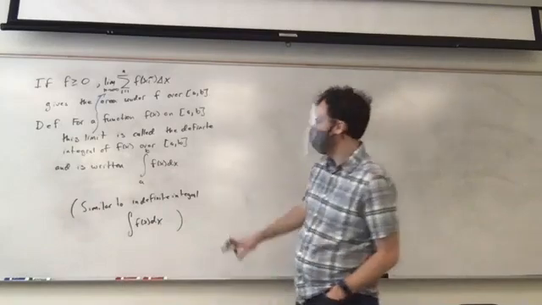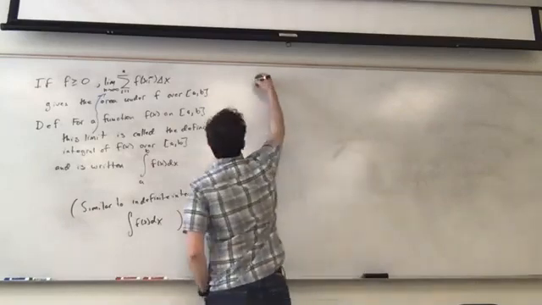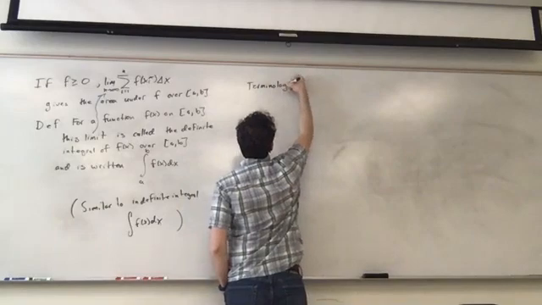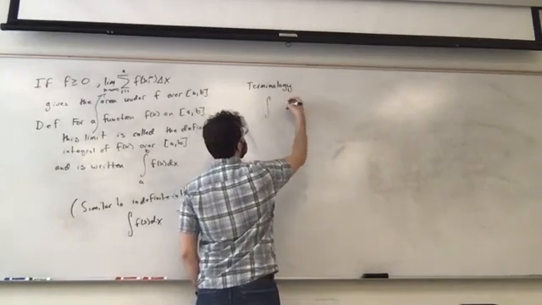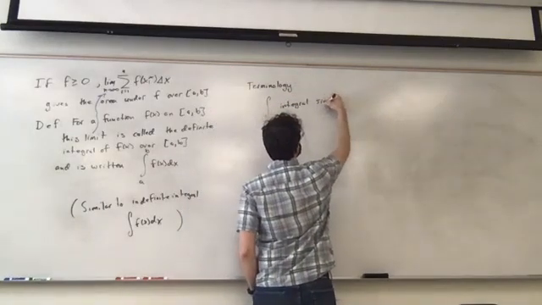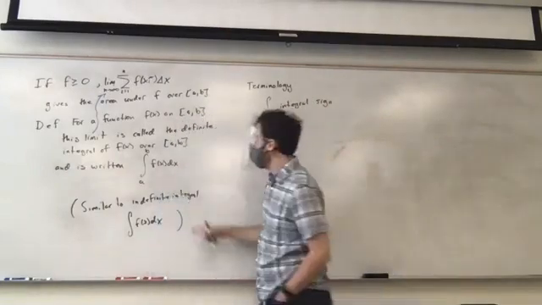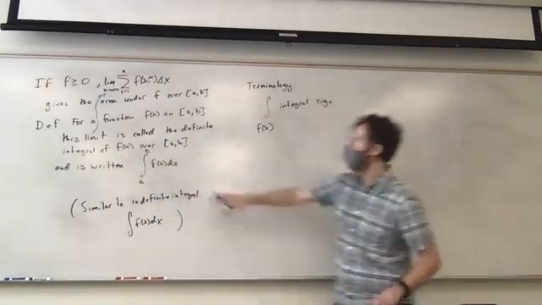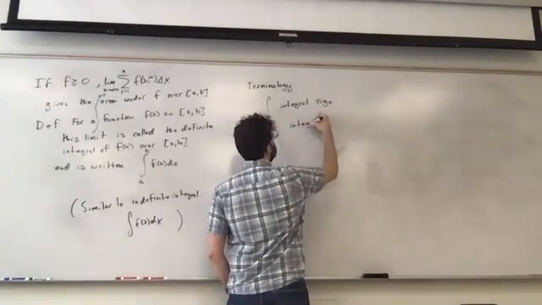A little more terminology to talk about this definite integral. The curvy S here is called the integral sign. The function f of x, the thing being integrated in this definite integral, is called the integrand.